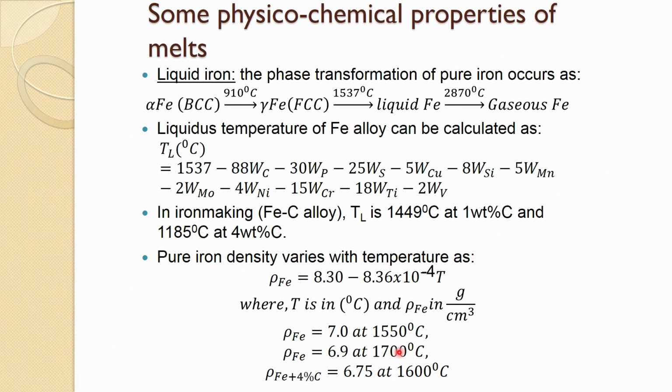So, as the temperature goes up, it starts decreasing. In the blast furnace, if we consider 4% carbon in iron, then the density of iron is about 6.75 at 1600 degrees Celsius. But roughly one can calculate the density of iron using this empirical correlation with respect to temperature.